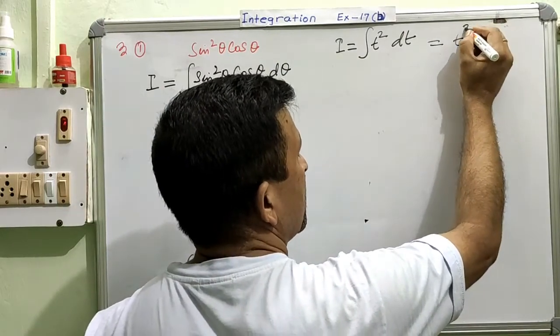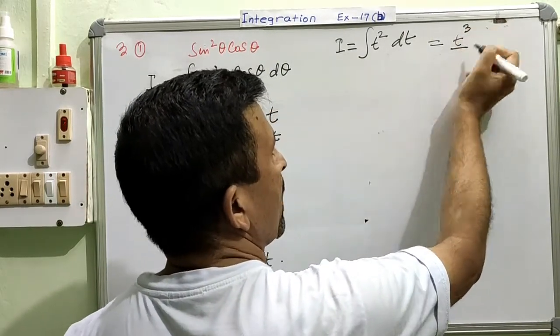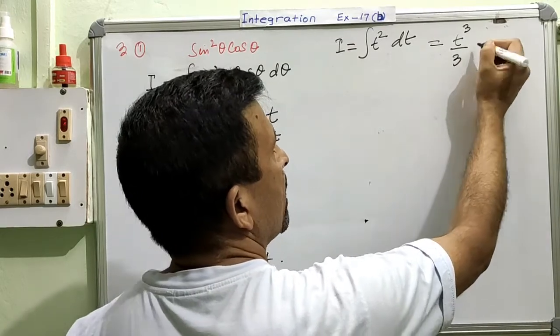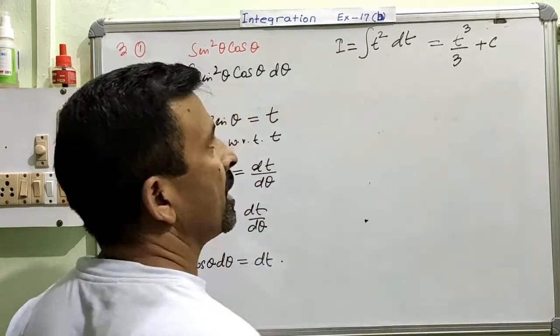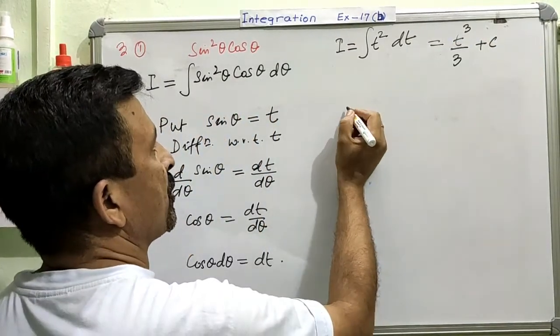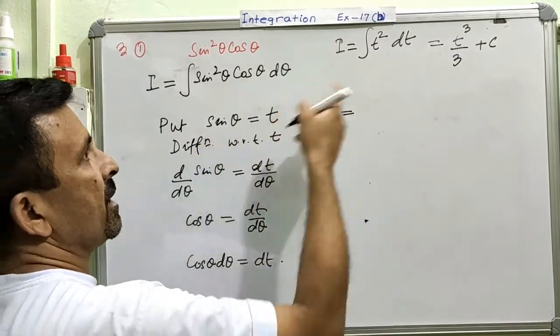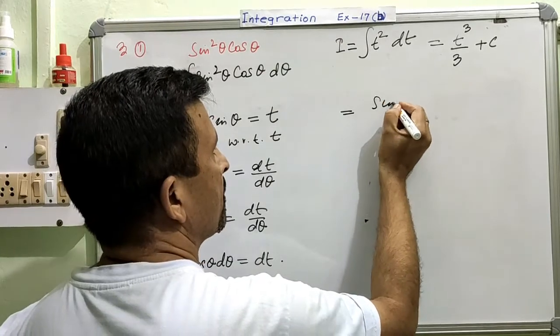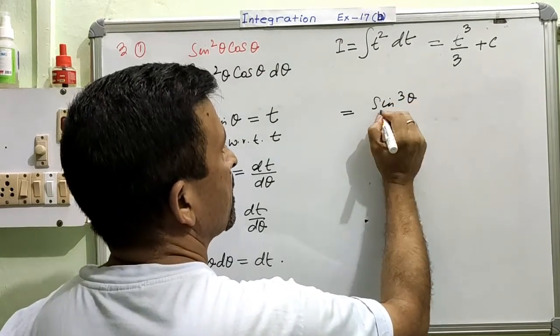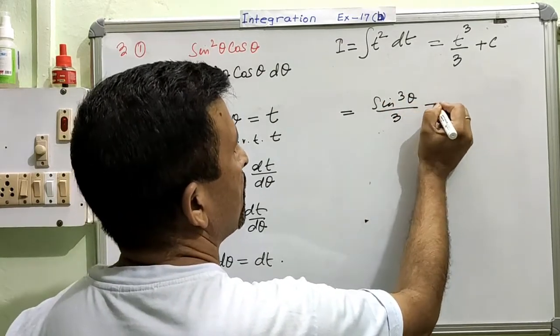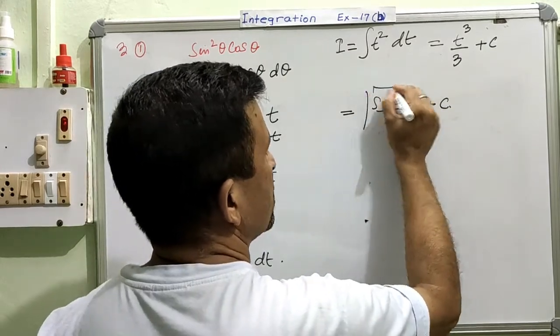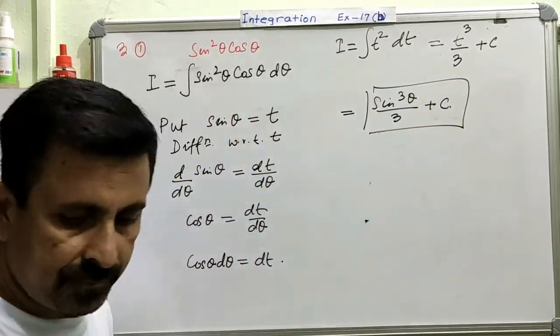So t to the power 3, and that same increased power will come in the denominator, and then this is plus c. Am I very clear? Now lastly you have to put the value of t back. So t is sine theta, and t cube means sine cube theta divided by 3 plus c, and this becomes your answer.